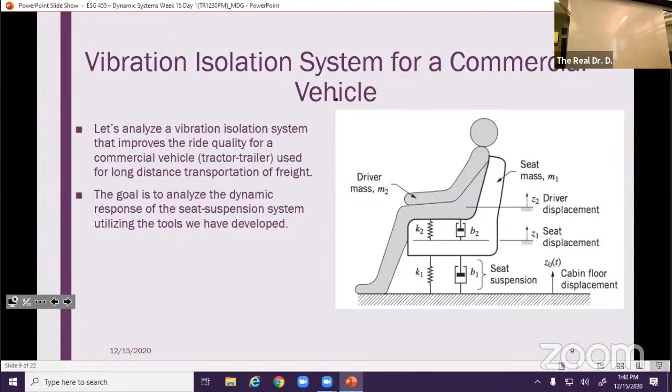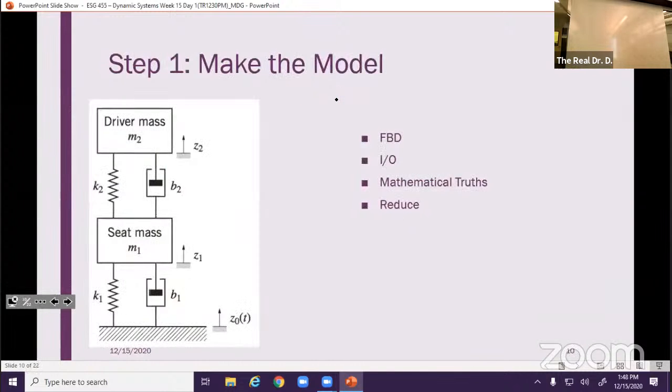So it is also technically a vibration isolation system. And then there's the driver.